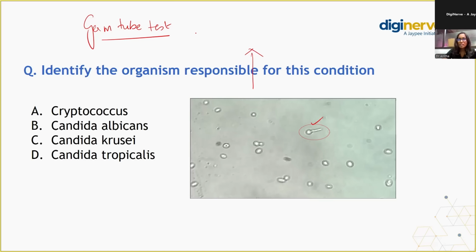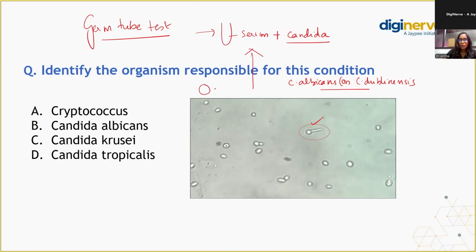How to do this test: you take a serum sample and mix it with the Candida that you want to identify. If it is Candida albicans or Candida dubliniensis, then this yeast cell will produce a tube like this.